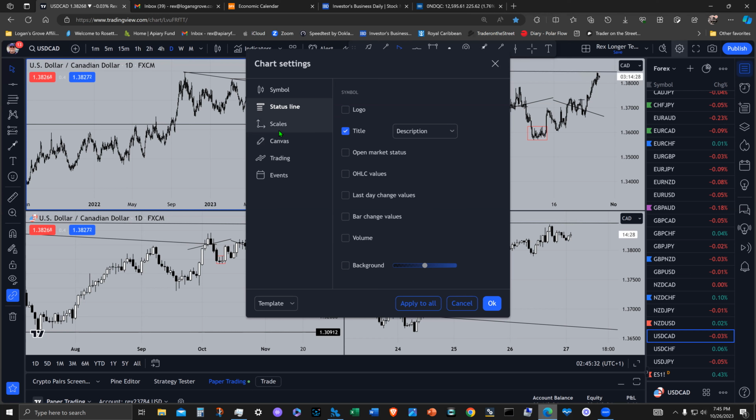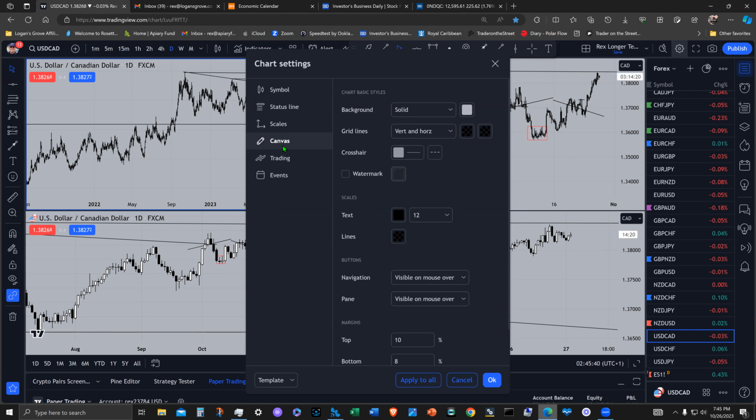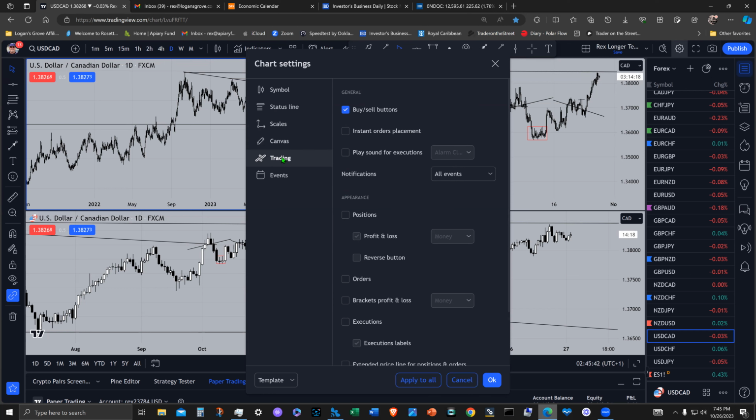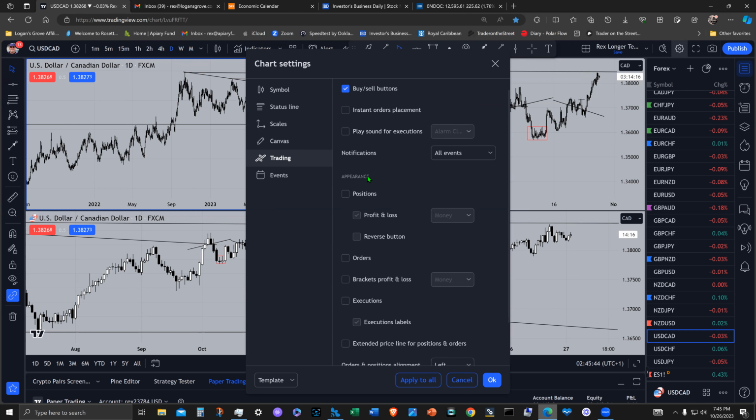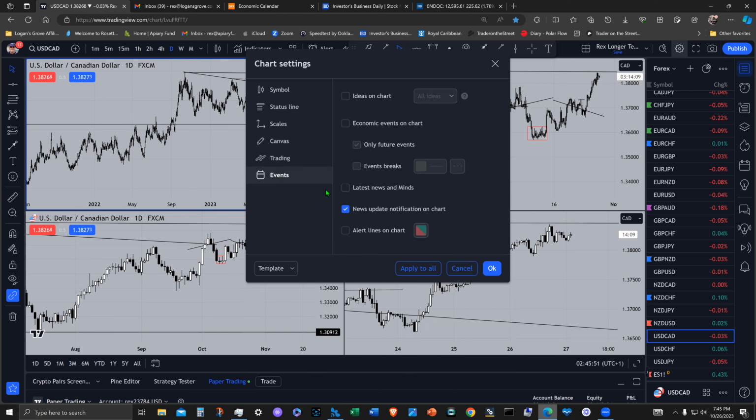I don't see it. I'm trying to find how to turn the CAD off over here. Buy sell buttons. Are you trying to turn the symbol off? Just over here on the right where it has the CAD in the right top corner. You need to right click on that column.